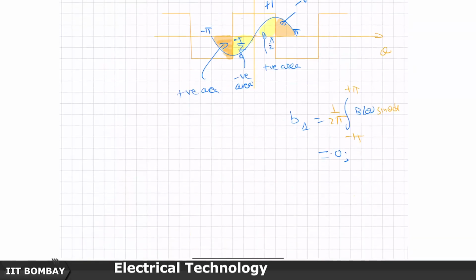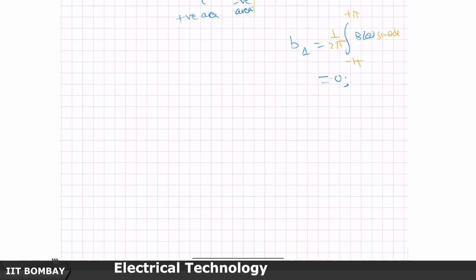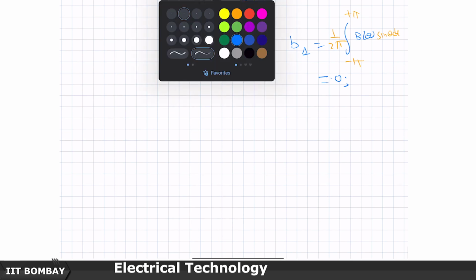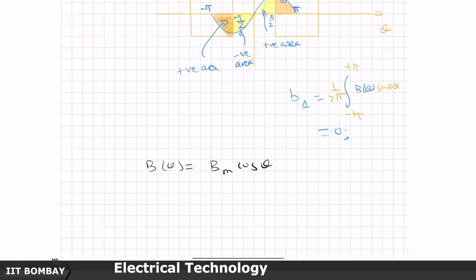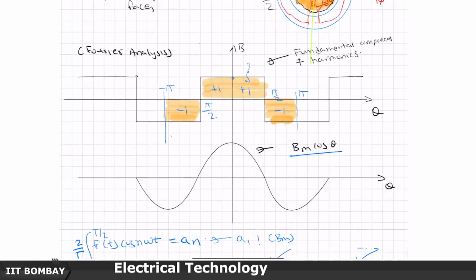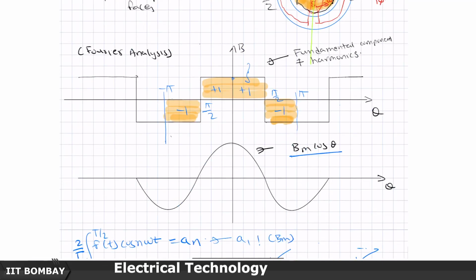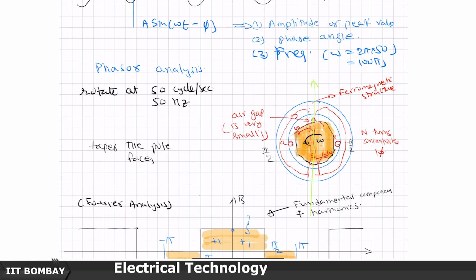So, what I am saying now is that as an approximation, B of theta can be thought of as Bm cos of theta. This is the thing that I have now, the flux, which is the approximation of this.